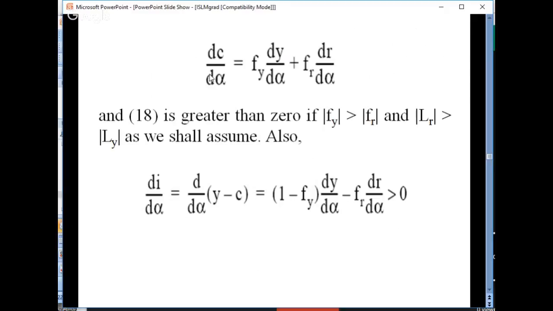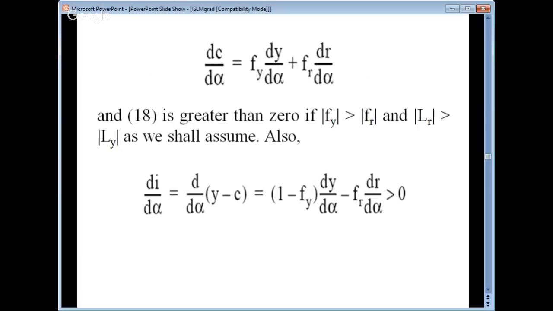So we have this being positive with our assumptions, and this being positive. So the shift parameter alpha affects consumption positively and affects investment positively. Preguntas?